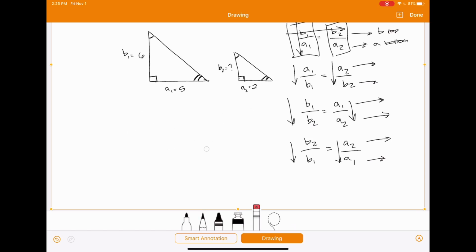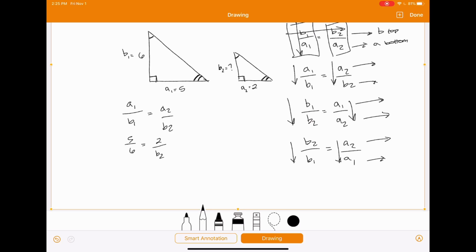So let's go ahead now and just solve these. I personally like to just stick one triangle on one side of the equal sign and the other triangle on the other. And then I like to keep my A's on top. So I'll just do A1 over B1 equals A2 over B2. And that's going to be equal to 5 over 6 equals 2 over B2.